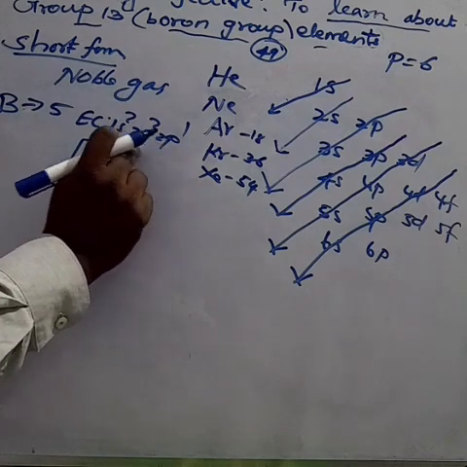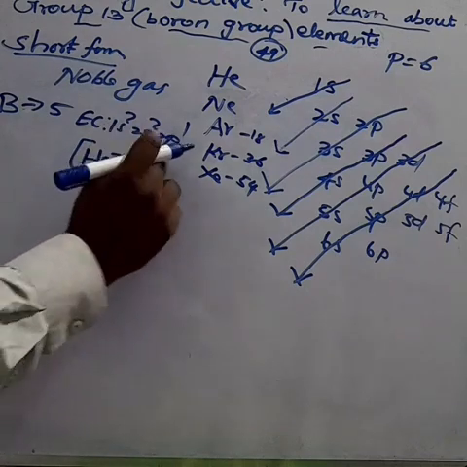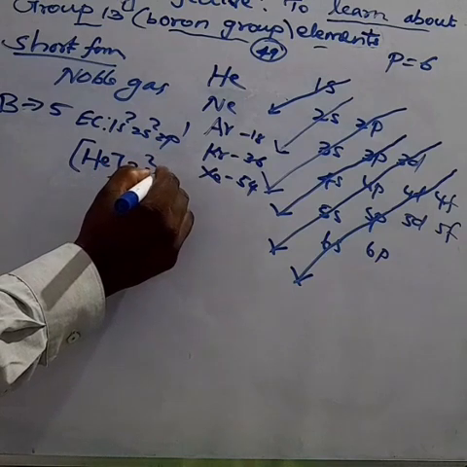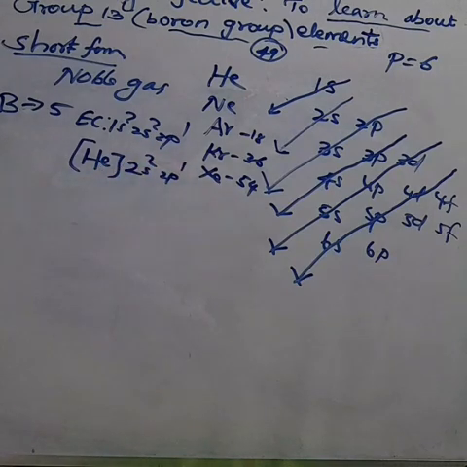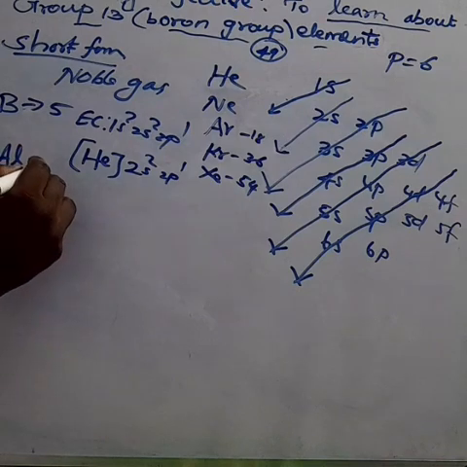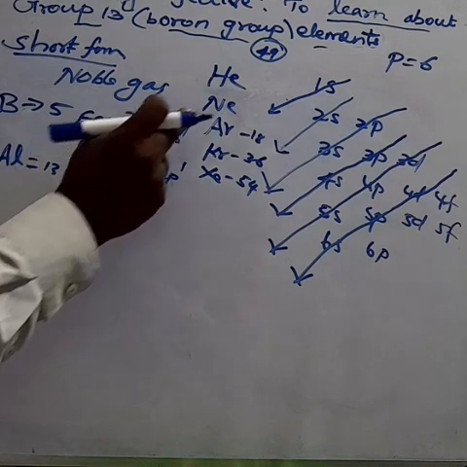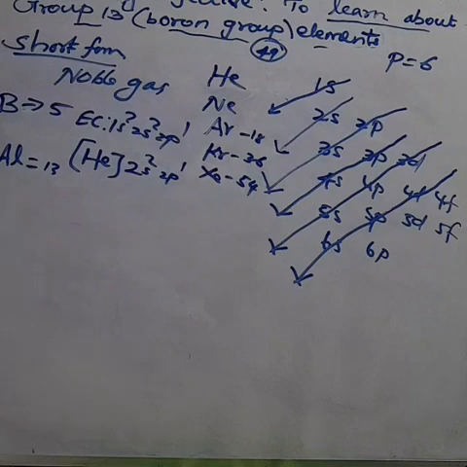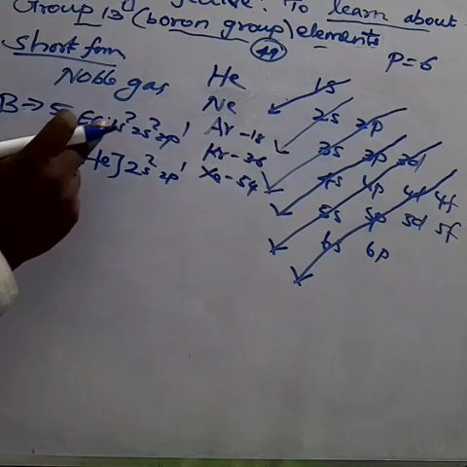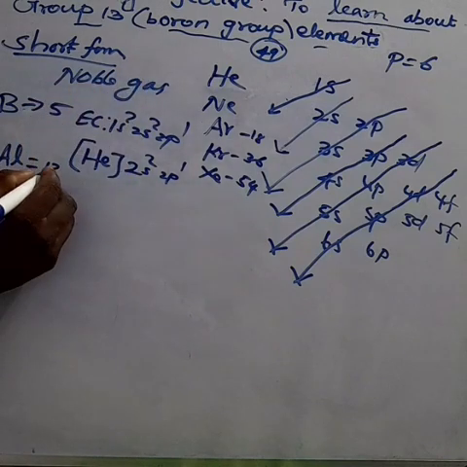Remaining you have to write. Which orbitals are there? 2s2, 2p1. This is the short form of boron. What about the short form of aluminium? Al, aluminium. How will you write the short form of the electronic configuration for aluminium? We select the nearest noble gas for aluminium.